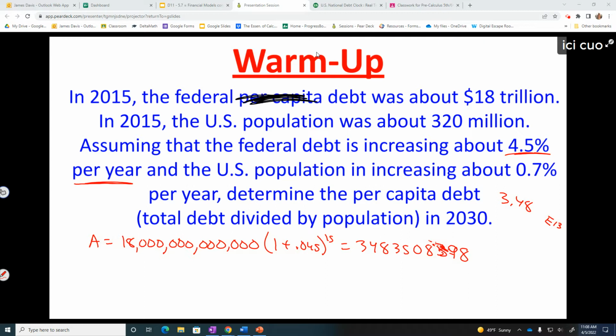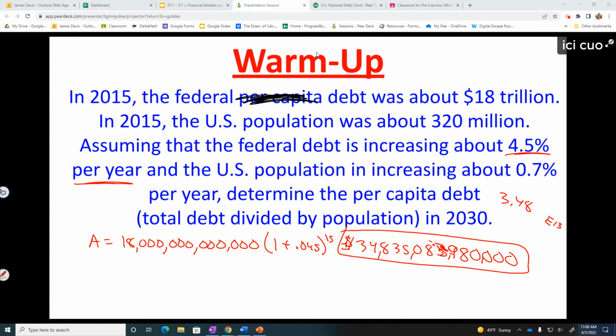So we actually have to add 4 more zeros. Then let's put in some commas so we can figure out what this is. So this would be 34 trillion, 835 billion dollars, our projected debt in the year 2030. So an increase from 18 trillion to 34 trillion.